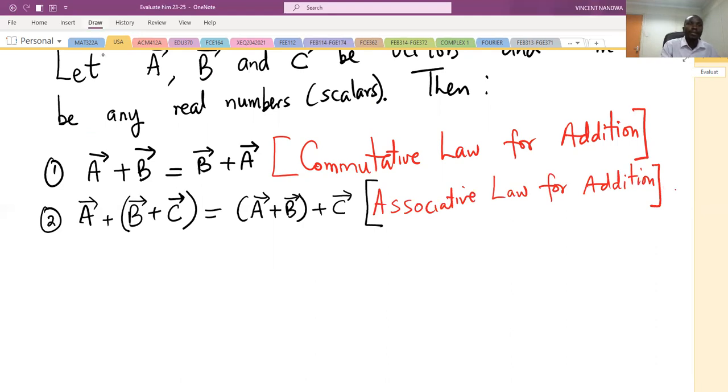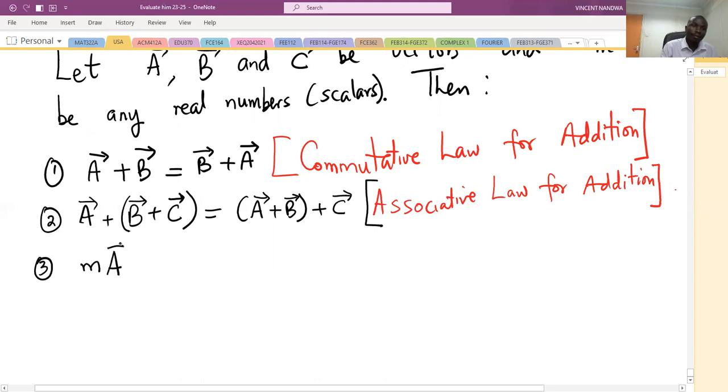And then number 3, if I pick a scalar M and multiply by A, it is the same thing as A times M. That's called the commutative law for multiplication.